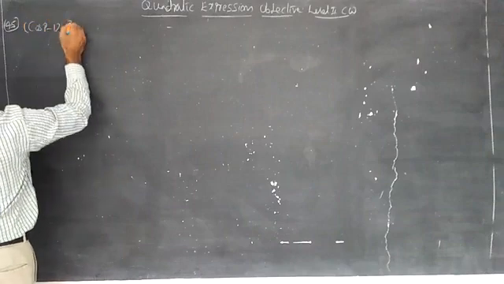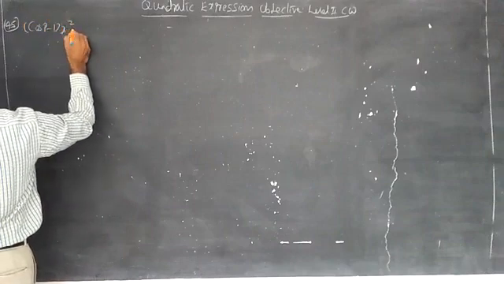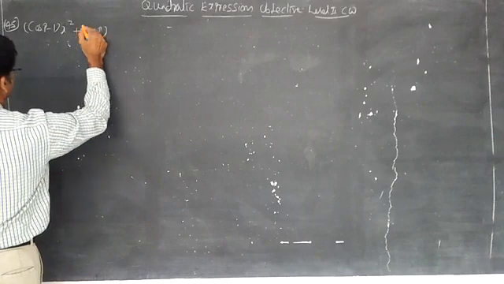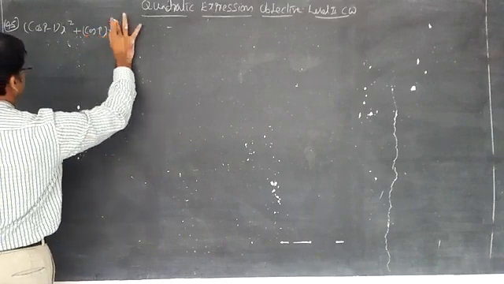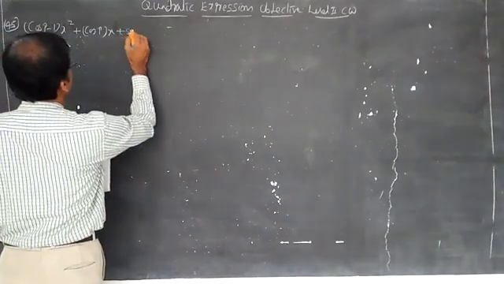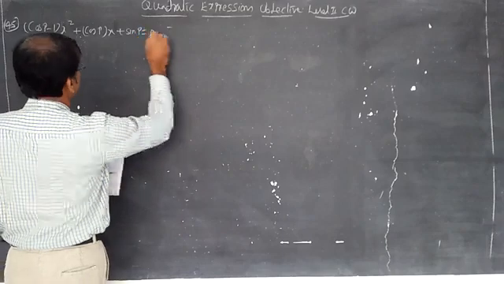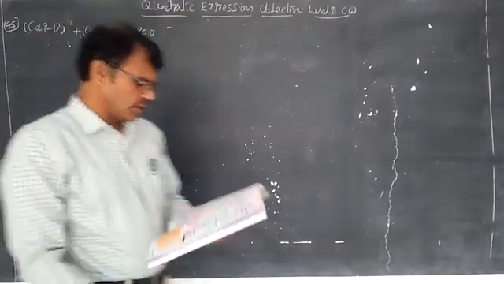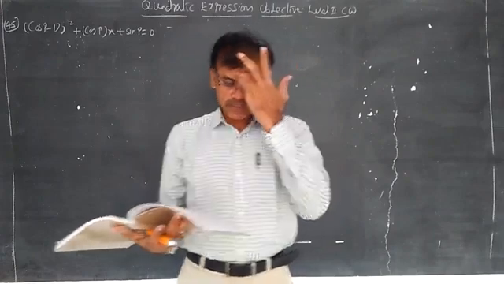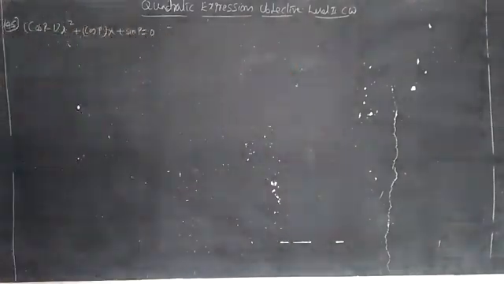Cos p minus 1, this is the coefficient of x square, plus cos p into x plus sin p equal to 0. In the variable x has real roots, then p can take any value in the given interval.